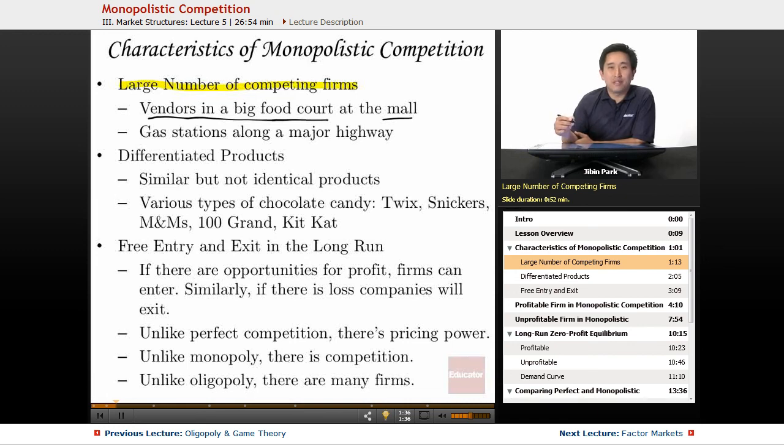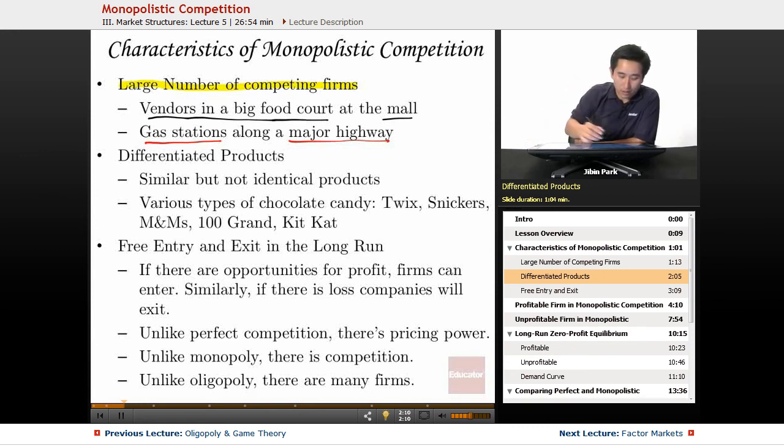There's going to be maybe 15 to 20 different restaurants, all producing food, but a variety of food at a variety of prices. Or it could be like gas stations along a major highway. You can go to Unocal, you can go to Shell, you can go to Chevron. They're all very similar but not identical. So there's going to be a large number of competing firms competing for your dollars, basically.